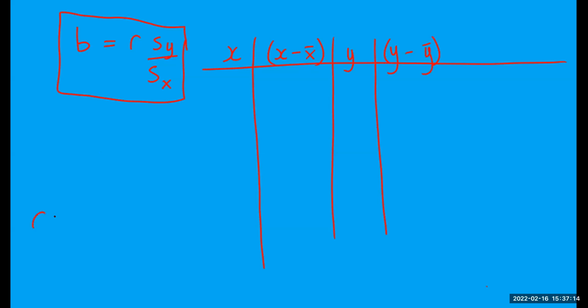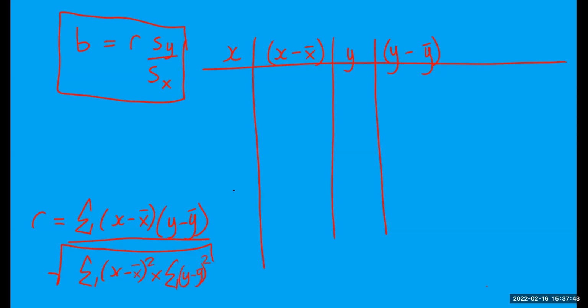The first formula we use, r is equal to the sum of x minus bar x multiplied by y minus bar y in the numerator, over the square root of the sum of x minus bar x squared multiplied by the sum of y minus bar y squared.